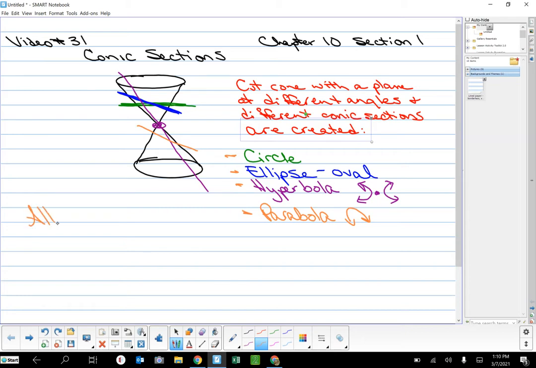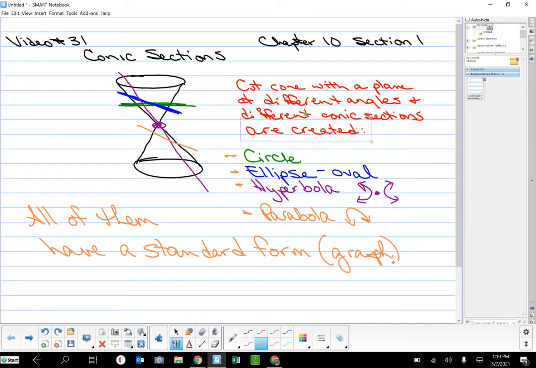All of them have a standard form, and that's what's needed to graph them, and a general form. And just a heads up, the general form is the same for all of them.